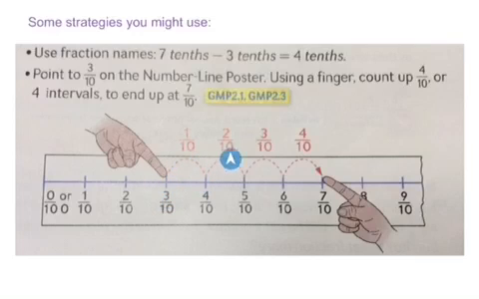So 3/10, 1, 2, 3, 4/10 is how many tenths it would get until I get to Dakota's 7/10. So the difference between the two are these 4 tenths. And that's how I could do that problem, either way getting 4 tenths. Those are a couple strategies. Again, you might have yet another strategy. As long as your strategy is getting you to 4 tenths, that's great, and maybe you can share one of your ways with me in class.